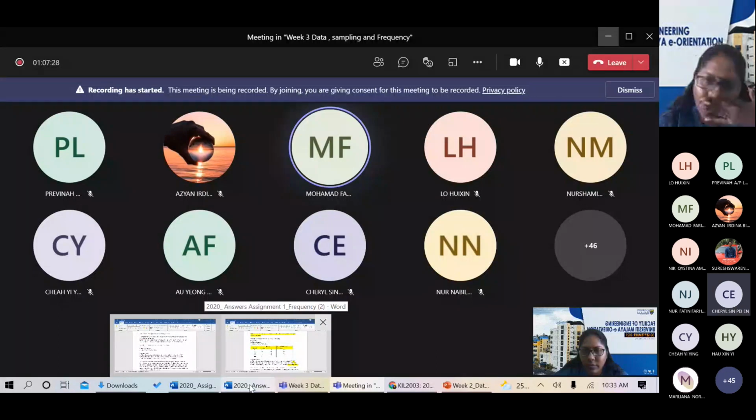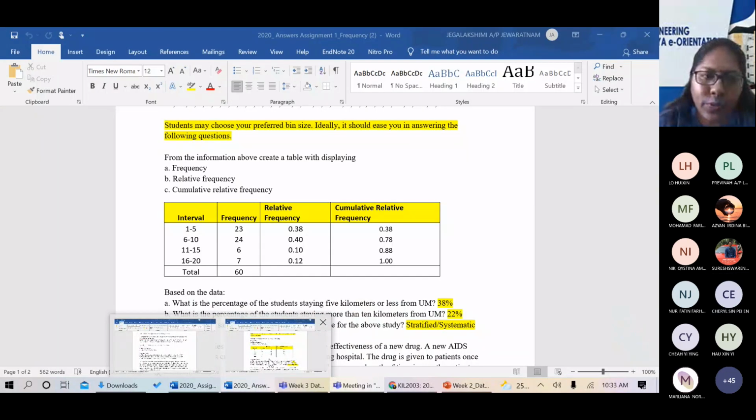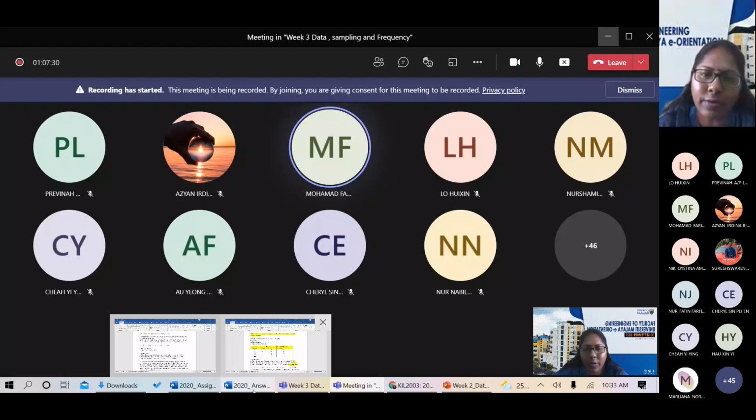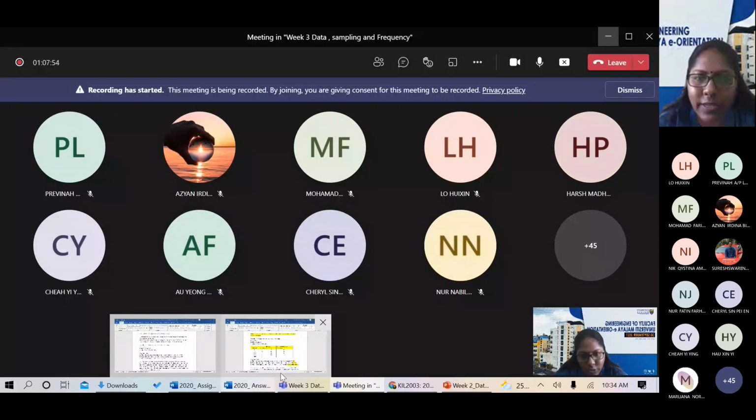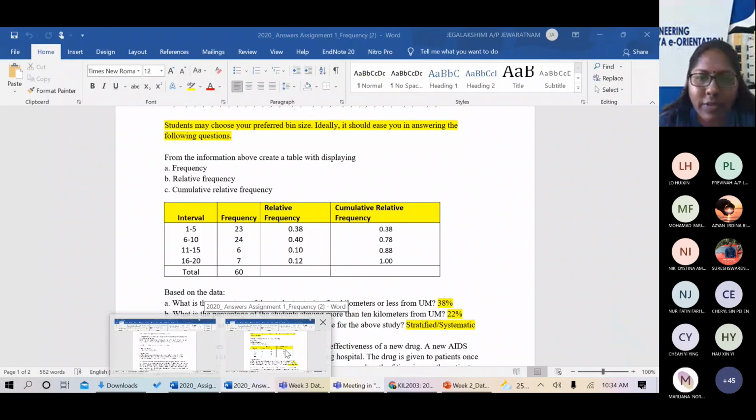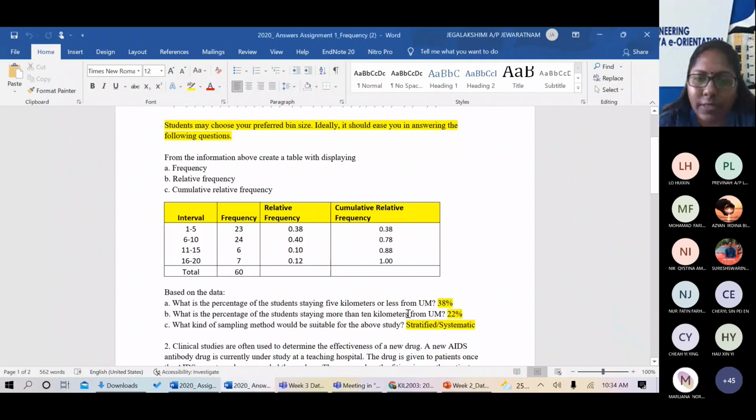Okay, so when you decide yourself, what do you base it on? How do you decide whether it's 4 or 5 or 6? Some of you might have just followed my answer. You could have done differently as well. So how do you decide? Based on the question? Yes, that's true, because sometimes the question gives you an idea, like they ask you less than 5 kilometers, more than 10 kilometers.